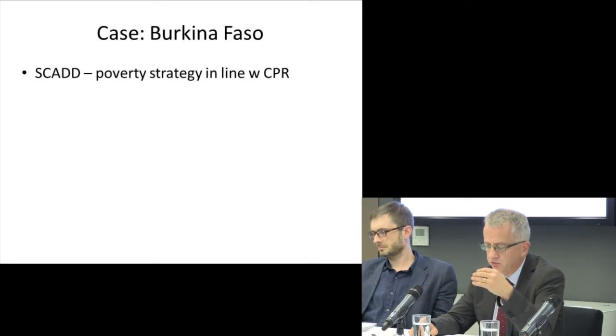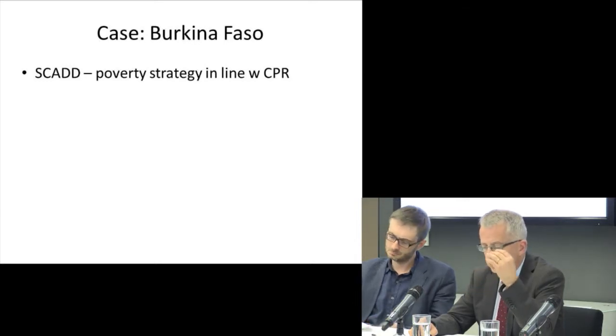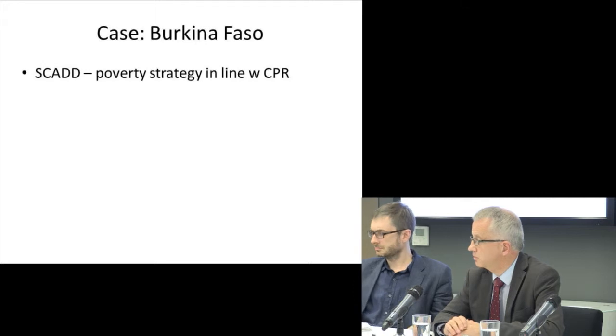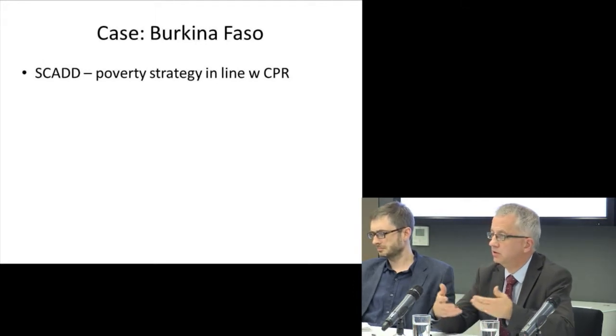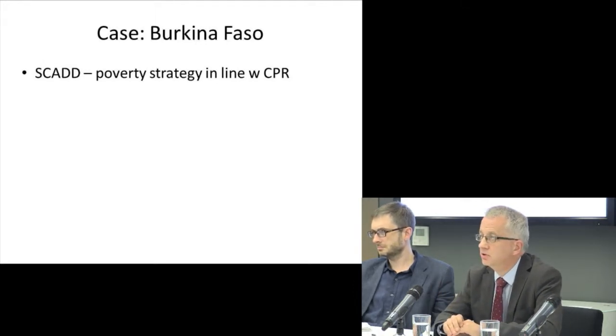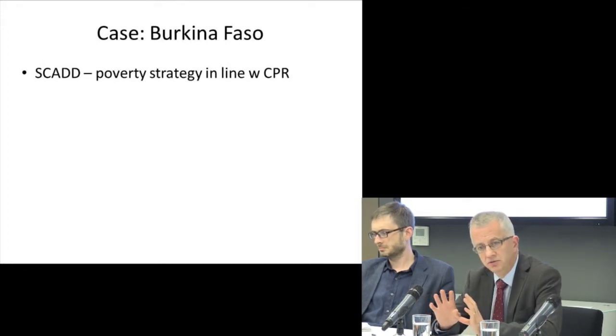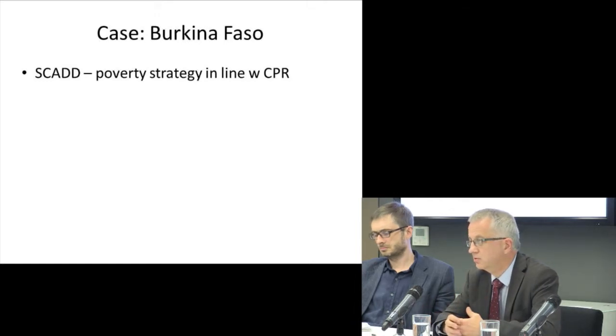That strategy is quite good, in line with the chronic poverty report when it comes to what is to be done to reduce poverty. It's quite good in identifying the areas where the activities have capacity to reduce poverty.